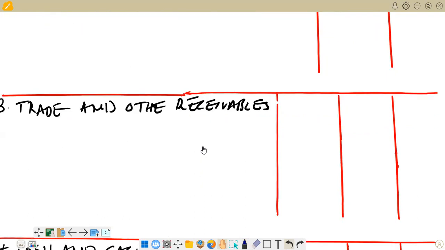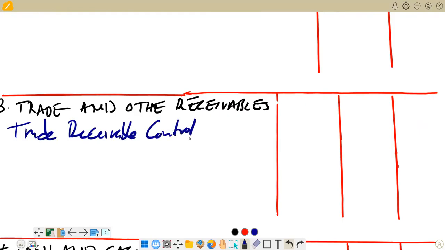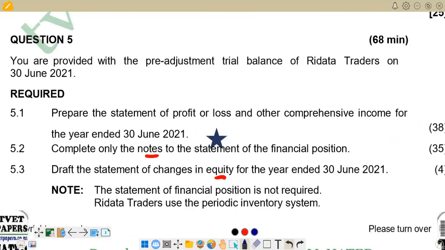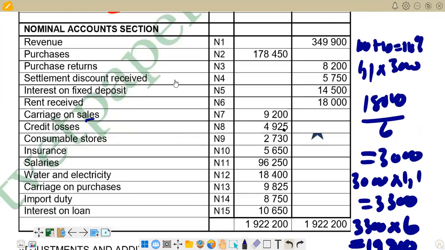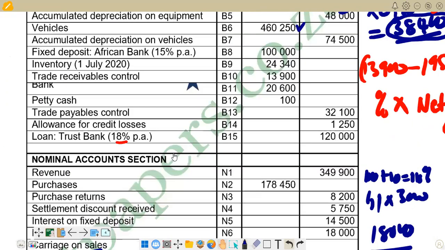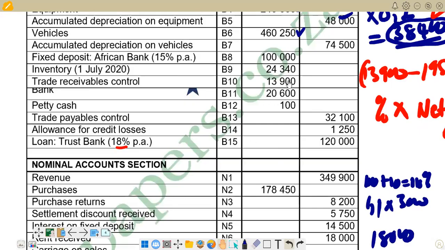Remember, there was one that was written off, which we need to subtract to get the net trade receivable control. We check the list of balances. Trade receivable control is here, you have 13,900.